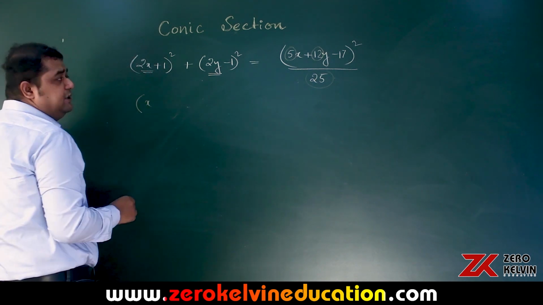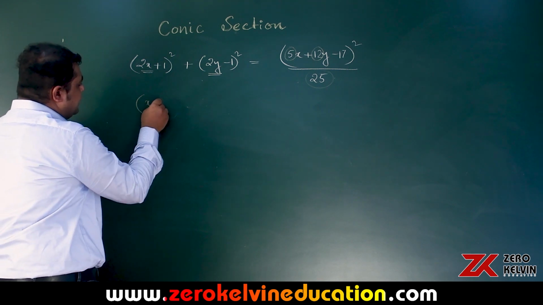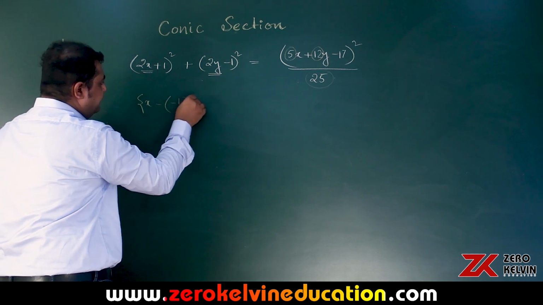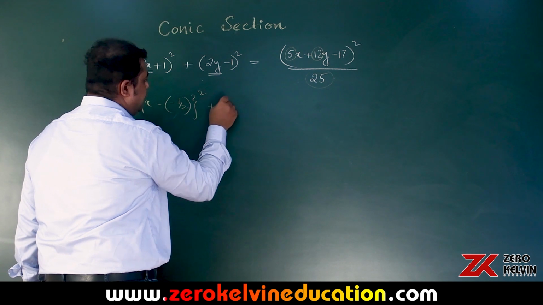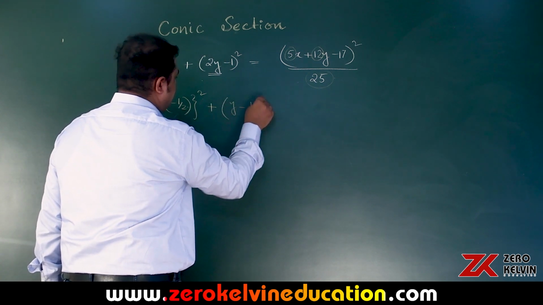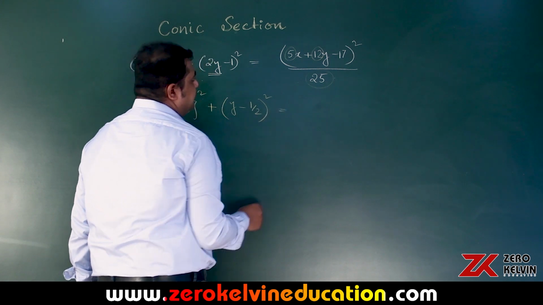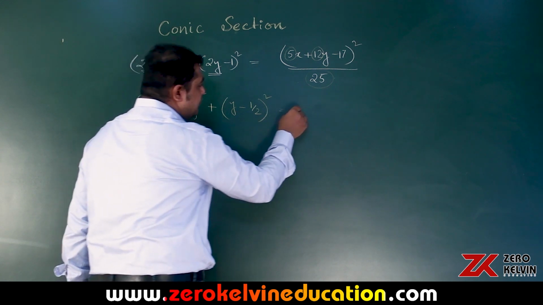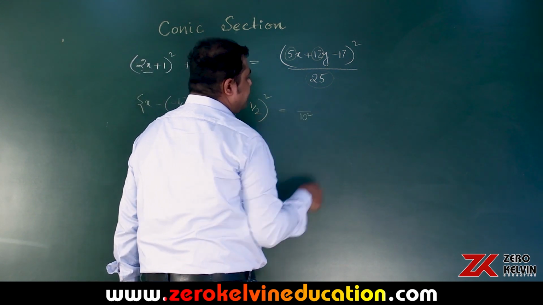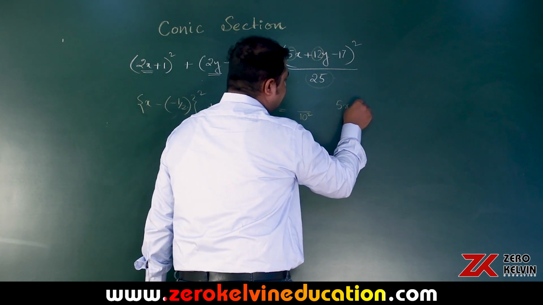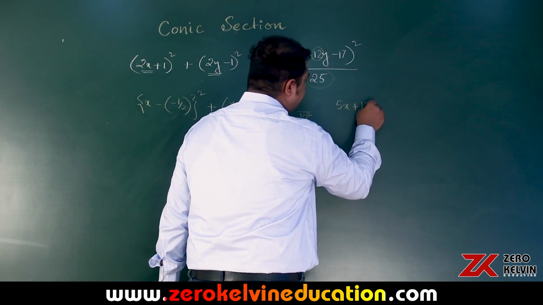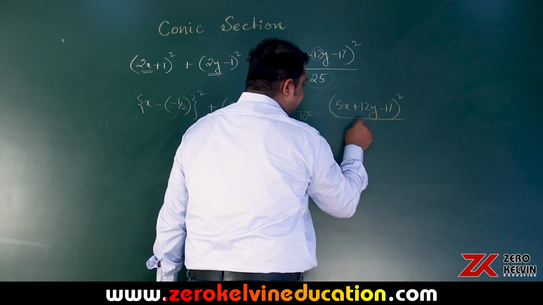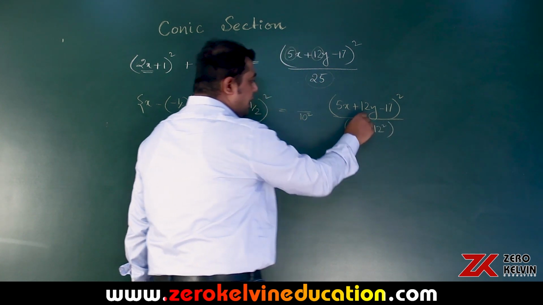So how will we standardize? We will first divide the whole equation by 2². That gives us (x + 1/2)² + (y − 1/2)² = 25 along with the division by 2² making the denominator 10², whereas for (5x + 12y − 17)², our requirement in the denominator is 5² + 12², and it was not there.